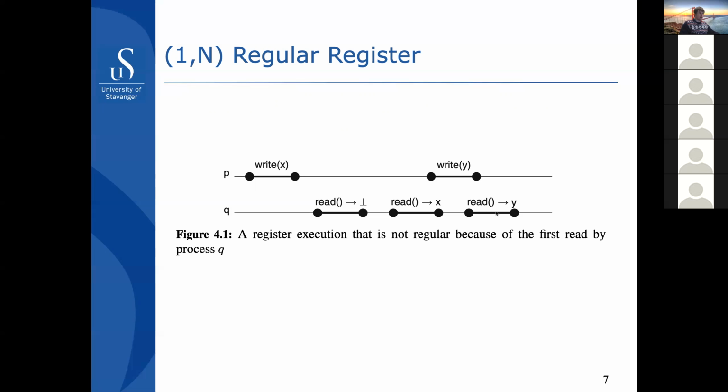So the last thing here is not necessarily wrong, but the first read here is wrong.